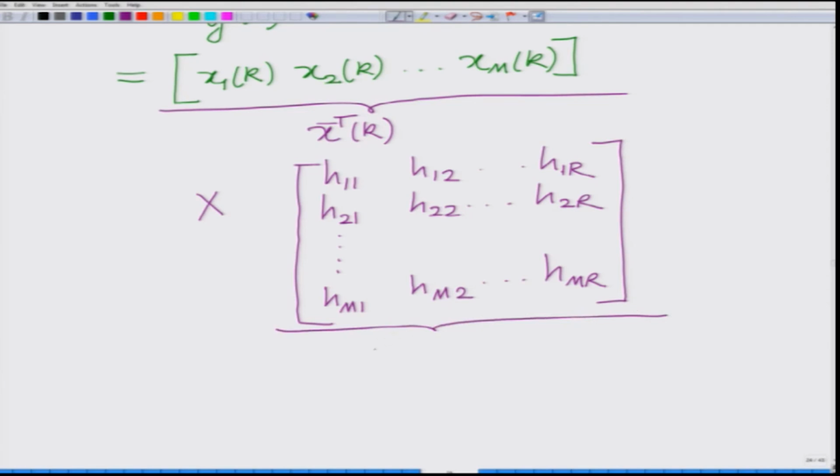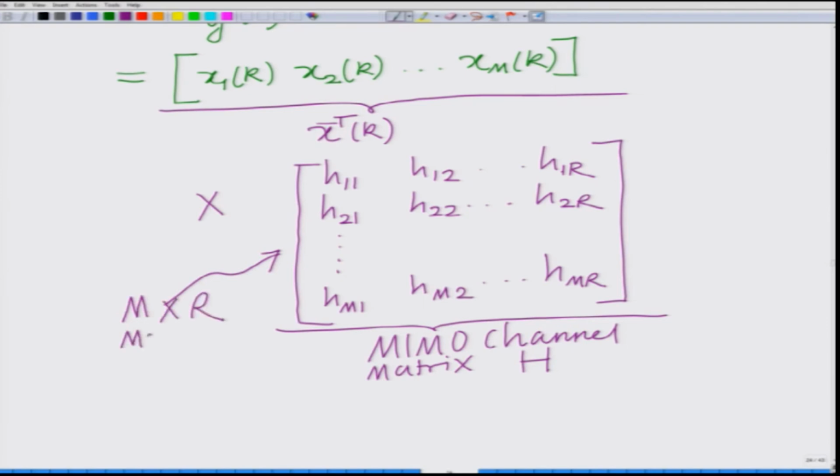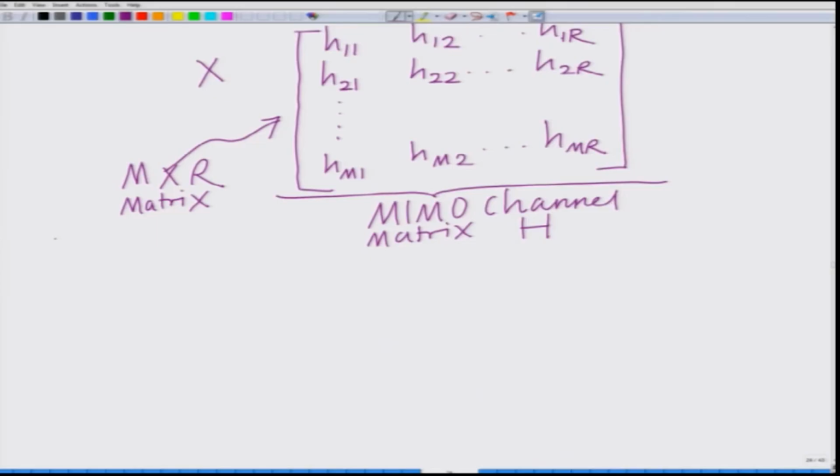This is your MIMO channel matrix H. And you can clearly see this is an M cross R matrix. So, we now have the M cross R MIMO channel matrix H, correct, where M is the number of transmit antennas, R is the number of receive antennas, correct, and what is left is the noise vector.